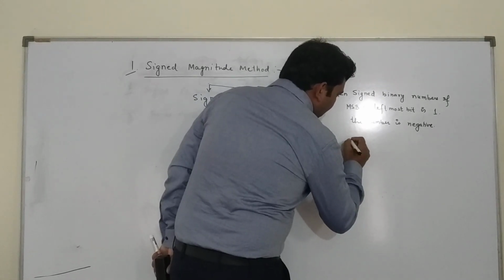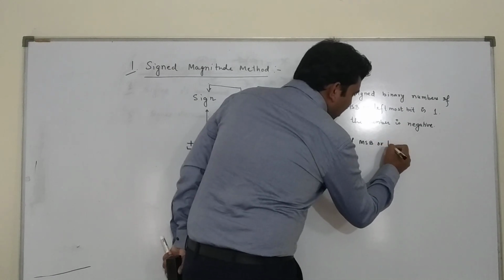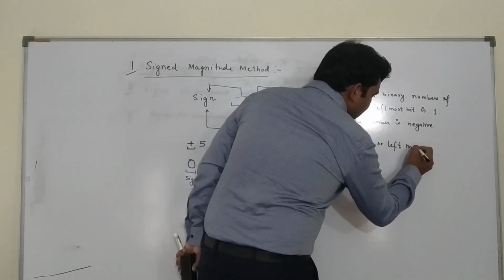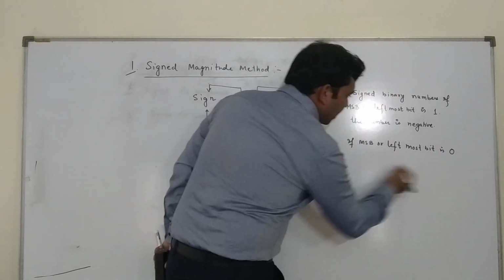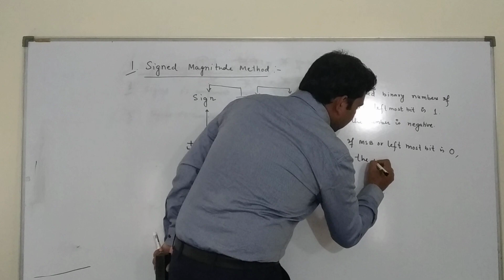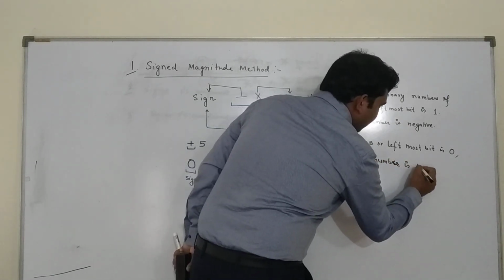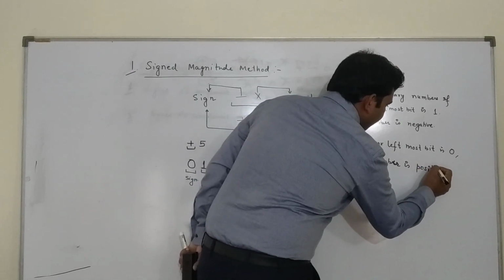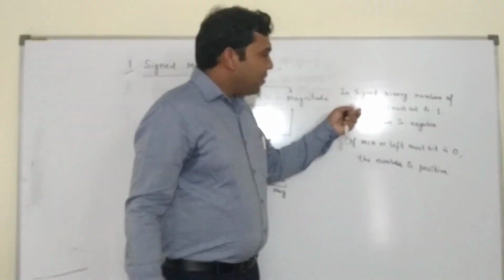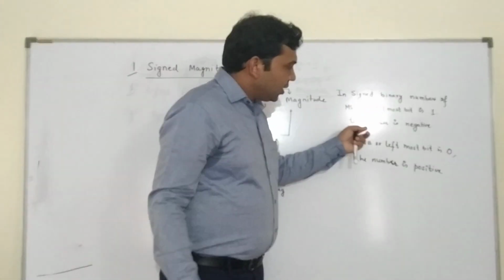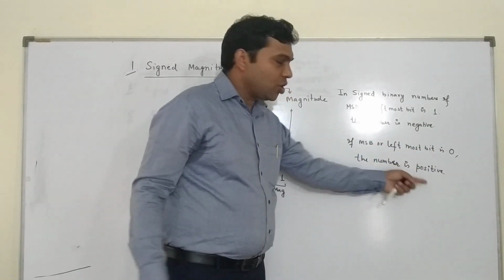If MSB or leftmost bit is 0, the number is positive. These are the two rules. Number 1, MSB or leftmost bit is 1, the number is negative. If MSB or leftmost bit is 0, the number is positive.